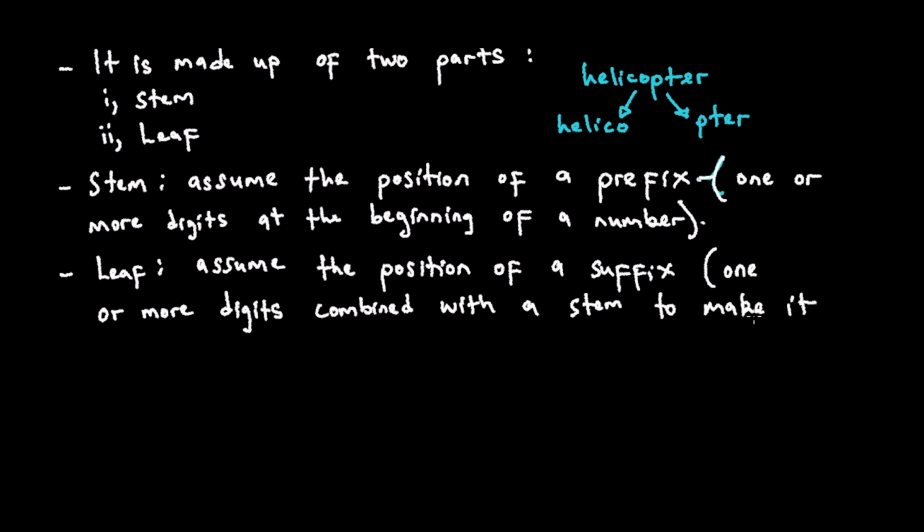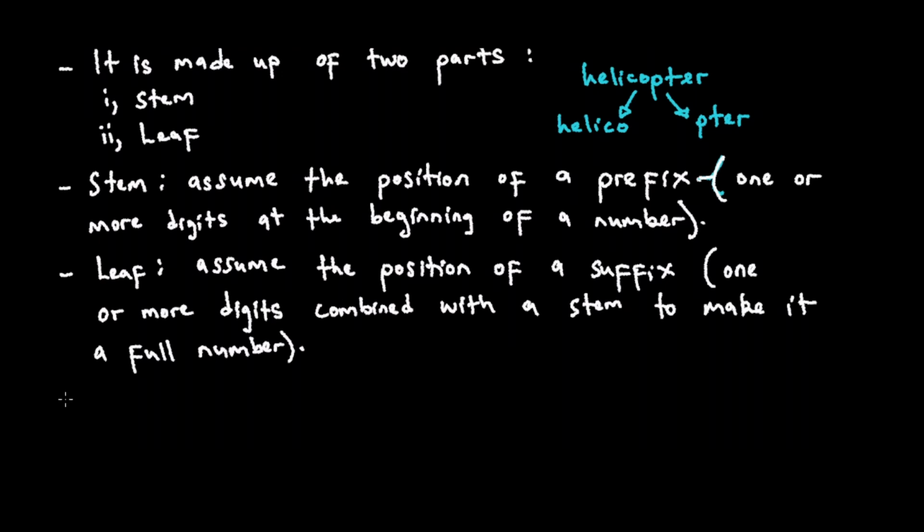To make it a full number. Like that. Saka stem, it's more like a prefix. Kurewa kuti the first part of a number. Then a leaf, it's more like a suffix. Kurewa kuti the end part of a number. That is what it is like.